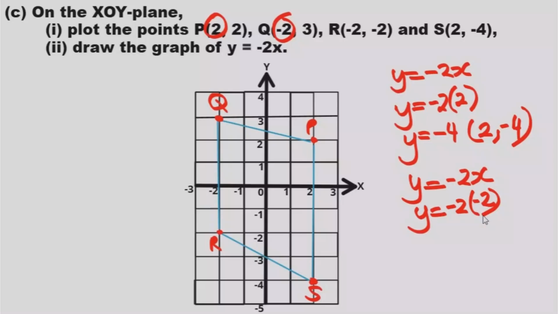Then what will be the value of y? So we say y is equal to negative 2 times negative 2 will give us positive 4. Okay, therefore we can come up with the coordinates which are when x is equal to negative 2, y will be equal to 4.